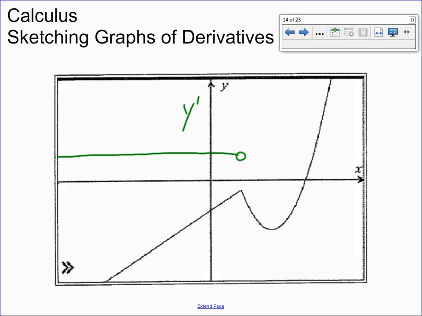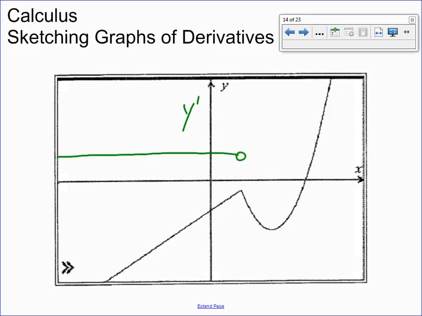Recall that y prime is a number that measures the steepness of my original function. After this corner, just past this x value where the cusp occurs, what's the slope of the original function? Positive or negative? Negative, and steep or gradual? Well, I'd say steeper, so I'm going to go a little lower, more negative values away from the x-axis.